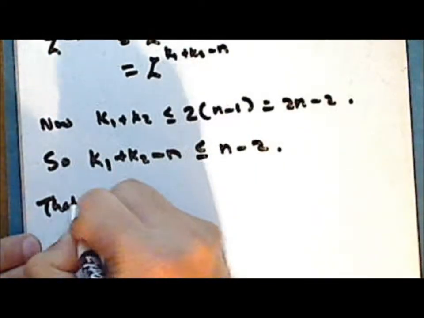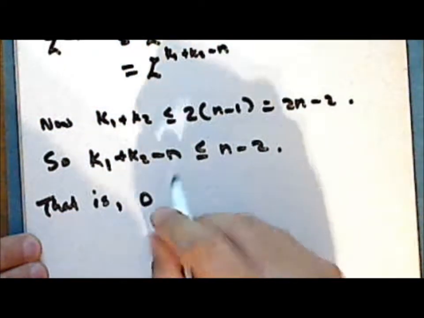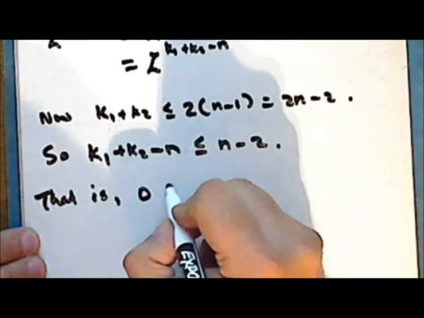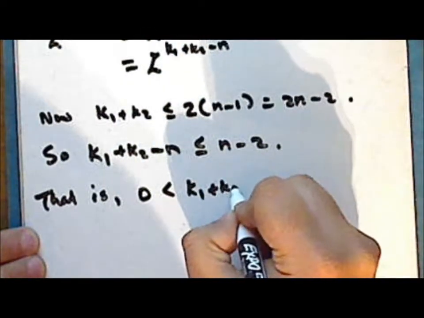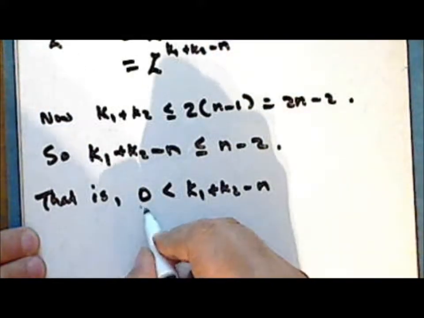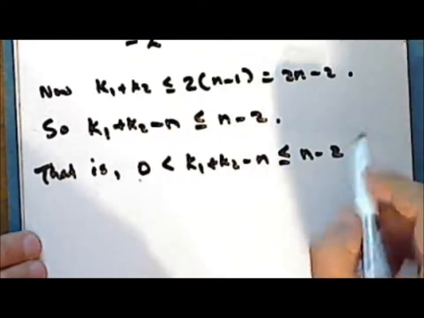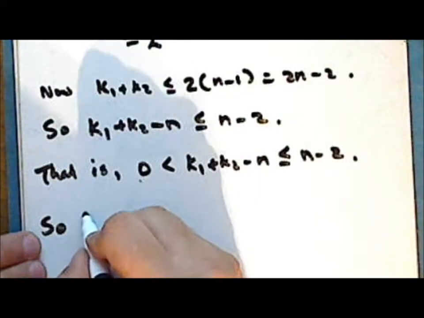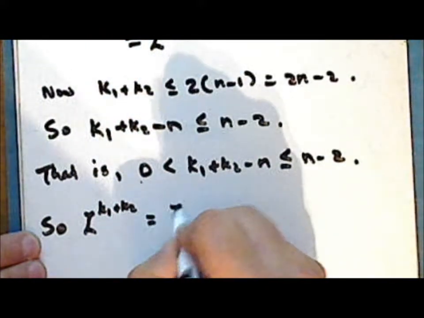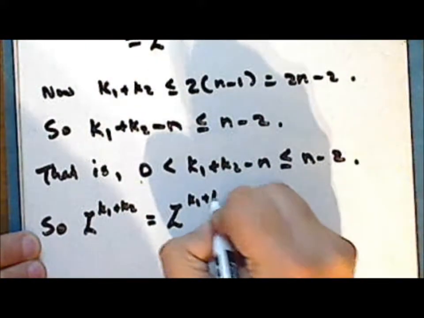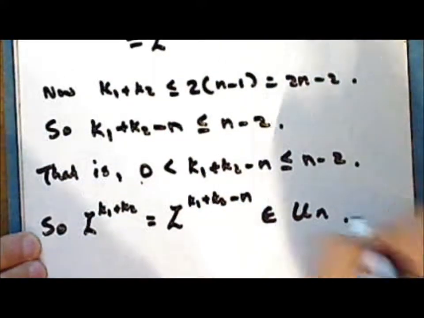That is, k1 plus k2 minus n is greater than 0 and less than or equal to n minus 2. And so zeta to the power of k1 plus k2, which is equal to zeta to the power of k1 plus k2 minus n, is an element in the set u sub n.